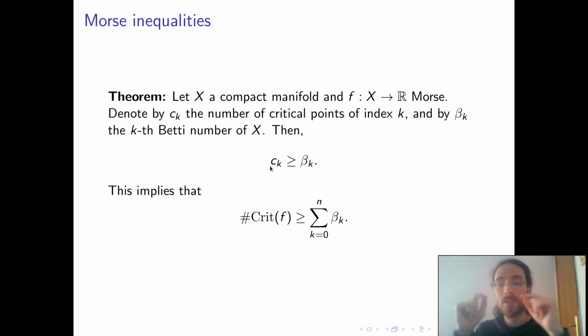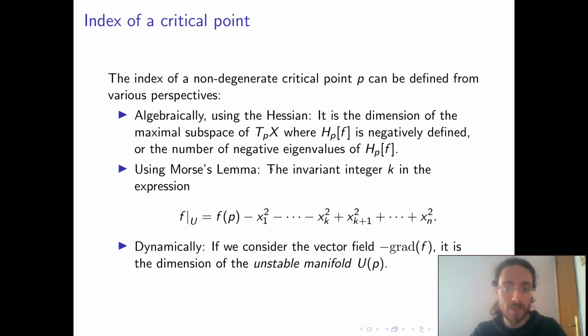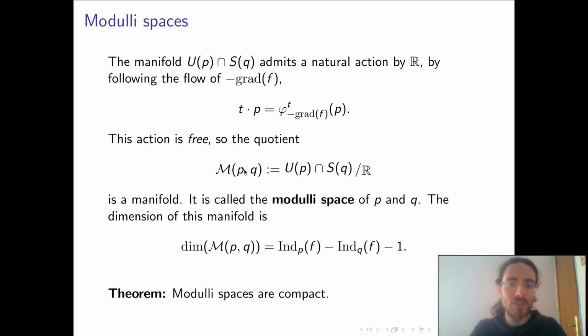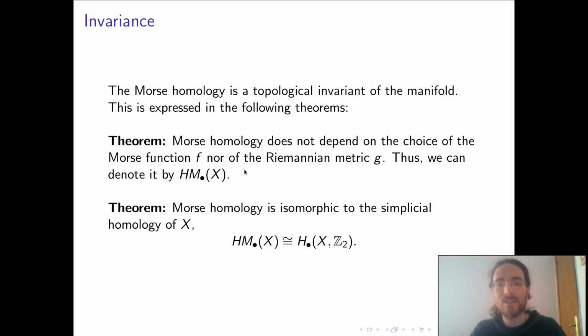So it's the dimension of the kth chain group, the one that I'm defining, for instance, here. And the nice thing is that the homology group of index k will always have rank less than or equal to this. So the inequalities are satisfied because of this theorem.